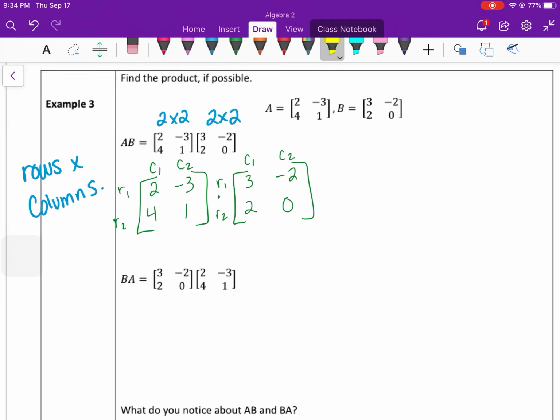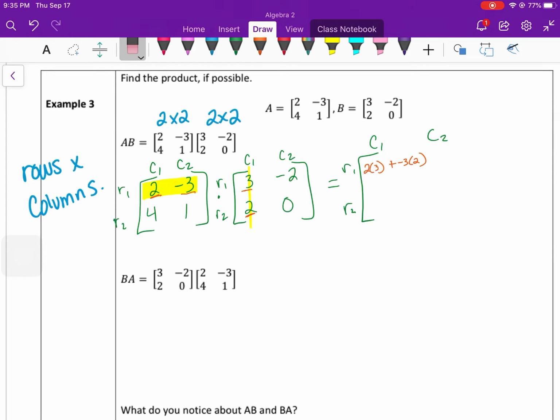To multiply, first you're going to take row 1 times column 1, and that will go in row 1, column 1 of the answer. What you do is multiply the 2 times the 3, and then add it to the negative 3 times the 2.